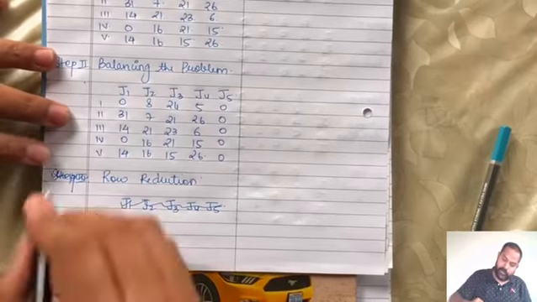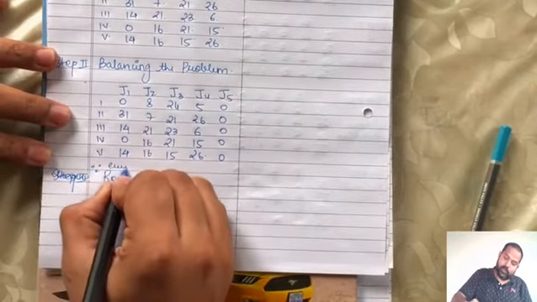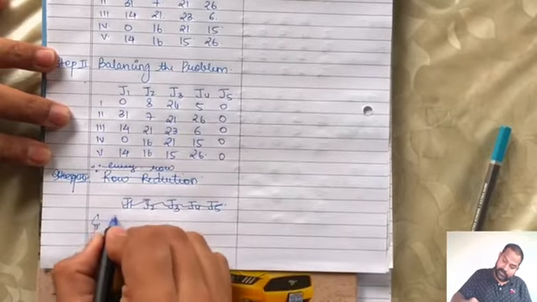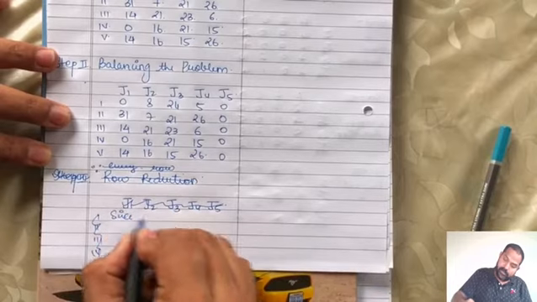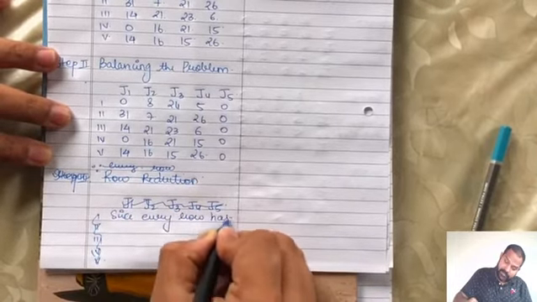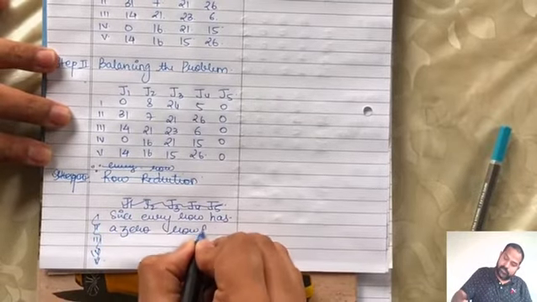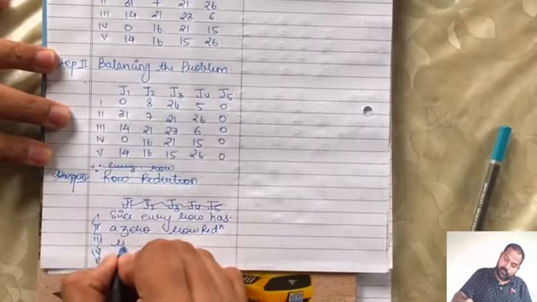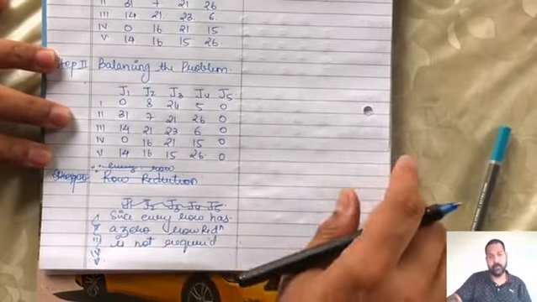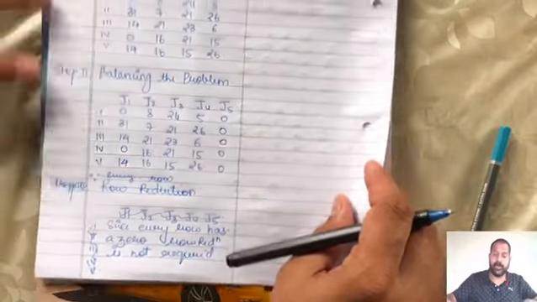I am going to say, since every row has a 0, row reduction is not required. Okay, then step 3 is going to be not row reduction, column reduction.